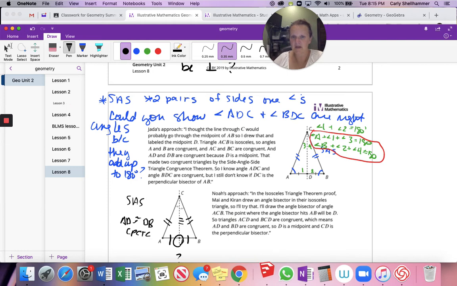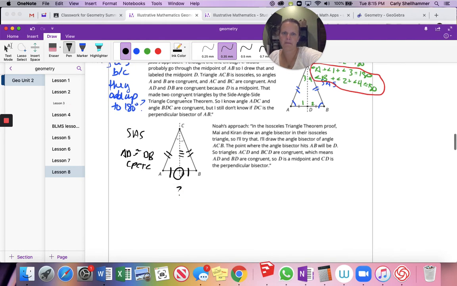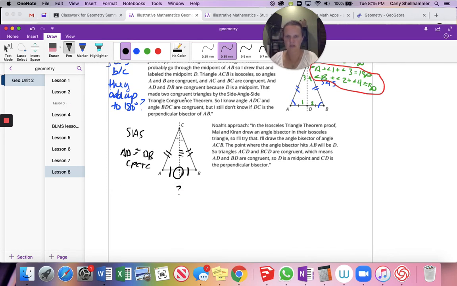So that's what we're talking about, Jada. Let's talk about Noah. So in Noah's approach, let's see what color haven't we used. Let's go green. It's really good that he thought about using congruent triangles. What congruent triangles did we use? Side angle side? Yep, right there. Which triangle congruence theorem can you use? We already did it. So side angle side.